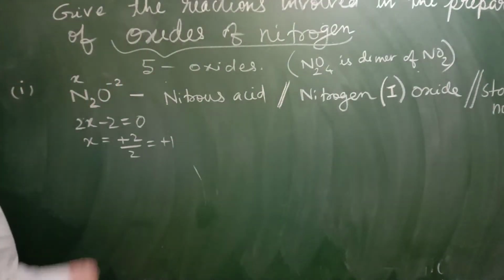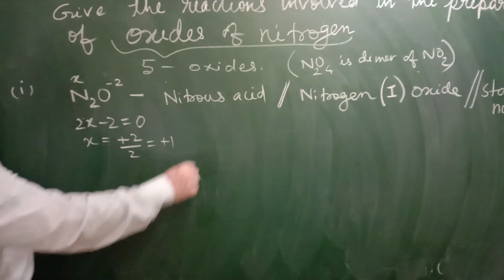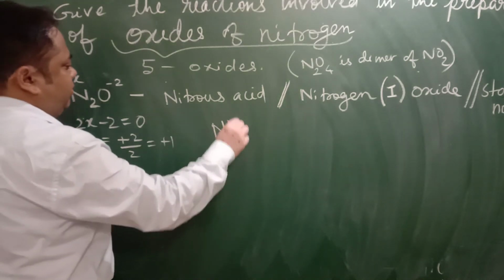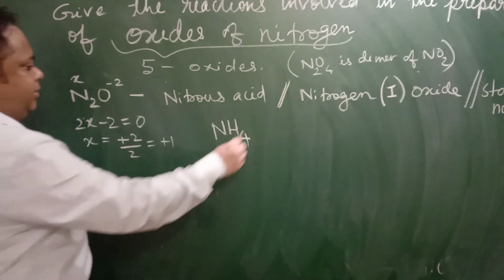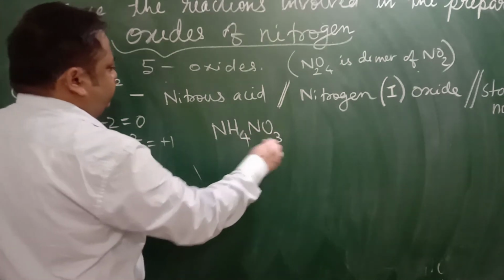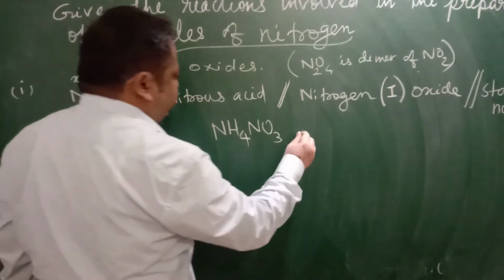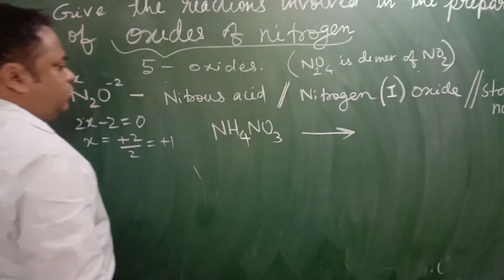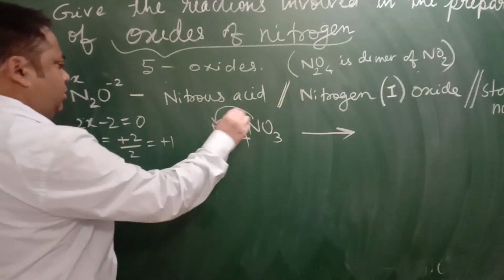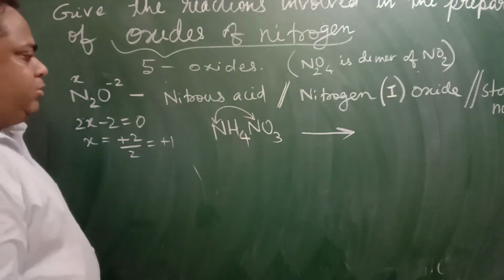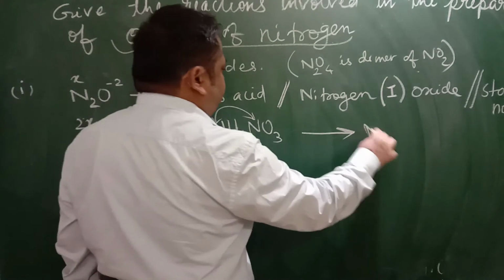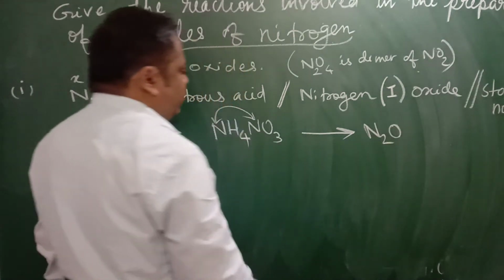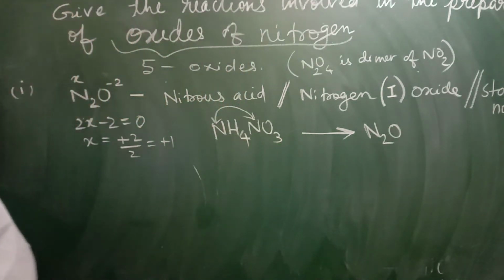Now how to prepare this? To prepare this we take any salt of nitrate, ammonium nitrate, and we heat it. So we get 2 atoms of nitrogen, N2O. 1 oxygen goes to the nitrogen again, so N2O is formed.